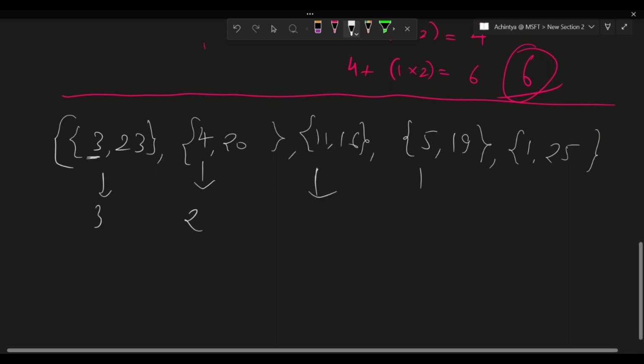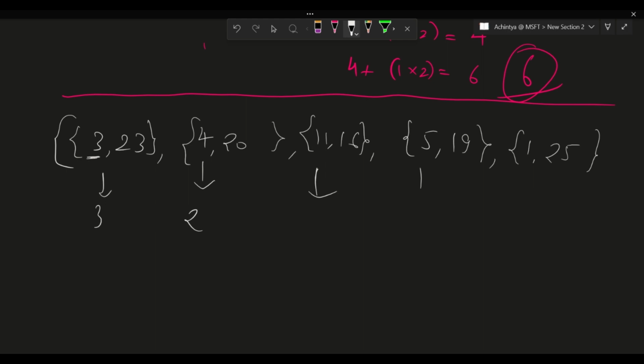For my third player, the count is 0, because 11 is not smaller than any of the numbers. For my fourth player, 5 is smaller than, not 3, not 4, yes for 11, not 1, so only 1. And 1 is smaller than everyone, so obviously 4.